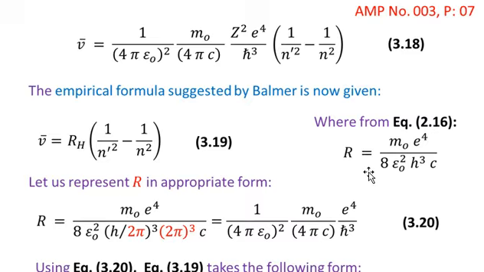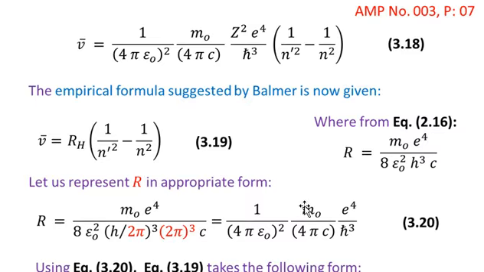And here you can use RH or you can use the value of R from equation number 2.16. I mentioned this value for the first time in equation number 2.16, and this equation was the result of using the semi-classical theory.